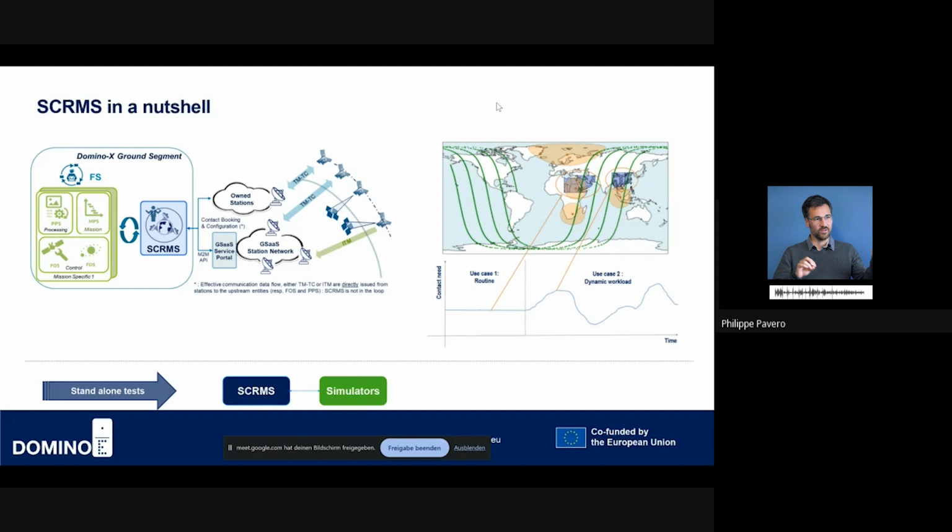And that means you will get your images downloaded much, much earlier. You don't have to wait for your satellite to fly above your own station. Also, you can add a station that will be seen before the flying over this area. And that means maybe you can upload a plan only an hour before you fly over this area.